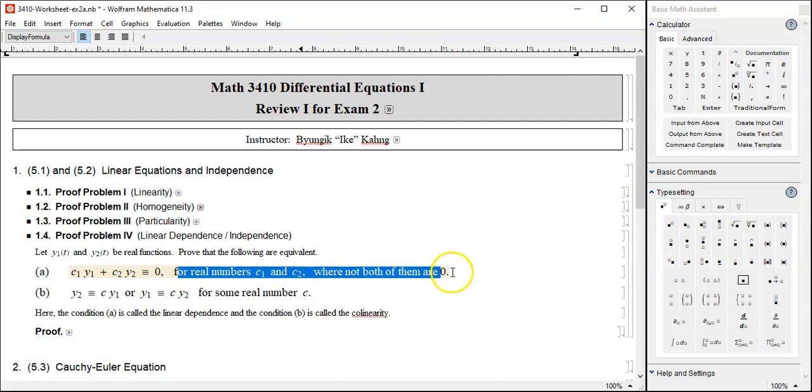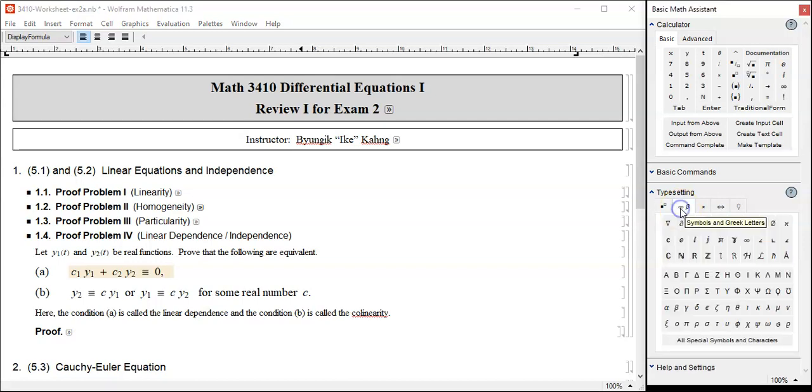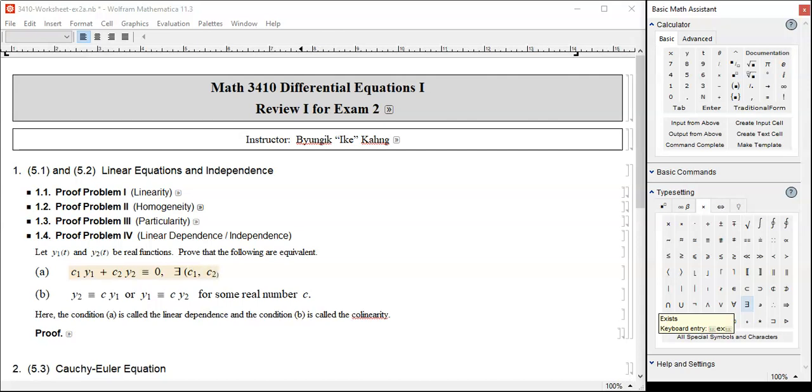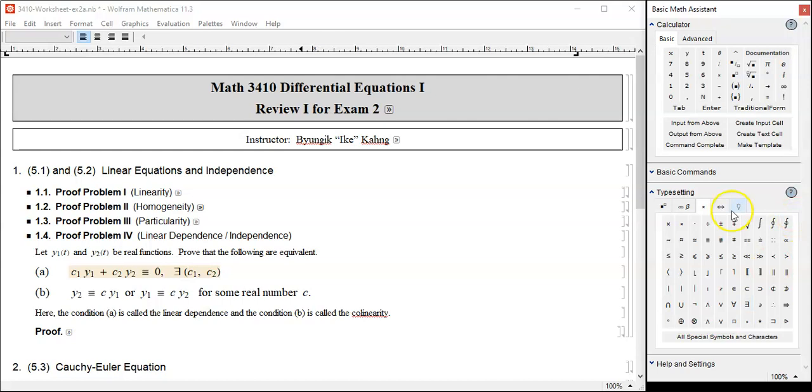For some real numbers, so okay, let me use some logical symbols here. There should exist things like that. For some c1, c2, and not both of them are 0.